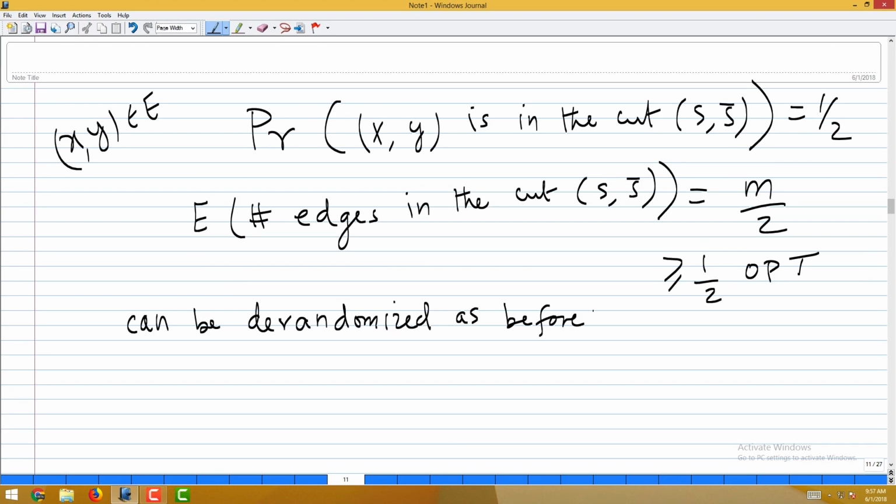Then put x in S bar, put the remaining, compute the expectation, and whichever is larger will help you decide whether you should put x in S or S bar. Repeat this in polynomial time, and you will actually get a partition which has a good number of edges crossing the cut. I will leave this as an exercise, but I more or less said how to do this.